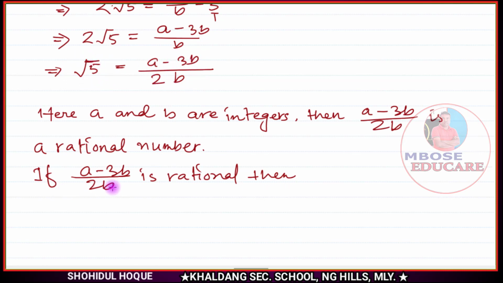So you can write, if A minus 3B divided by 2B is rational, then under root 5 is also rational.